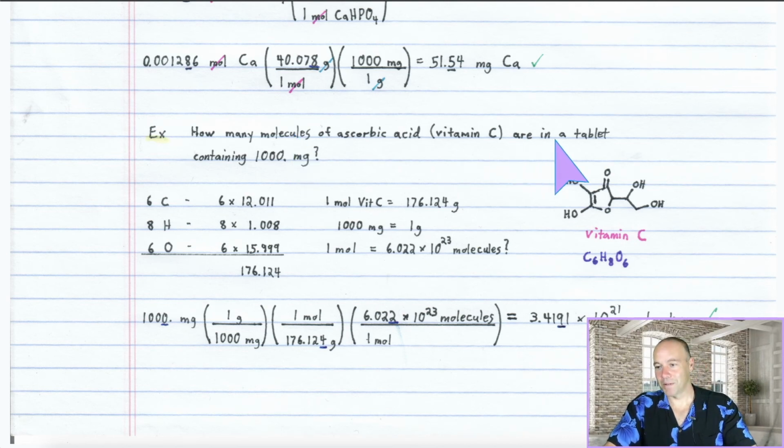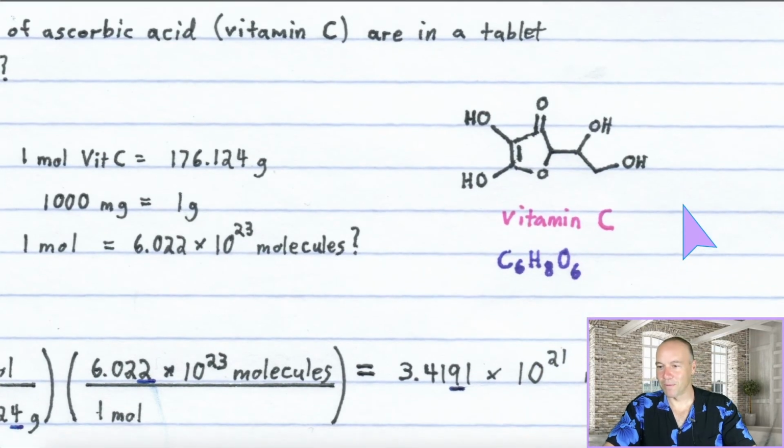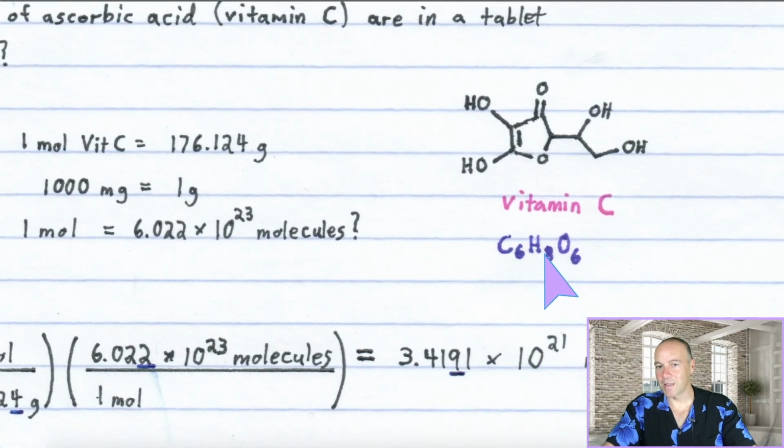Now, here's a picture of vitamin C's structure, and you're given the chemical formula, C6H8O6, but you should be able to figure that out from the structure. You can see the 6 oxygens, of course, 1, 2, 3, 4, 5, 6. The carbons are at the vertexes.